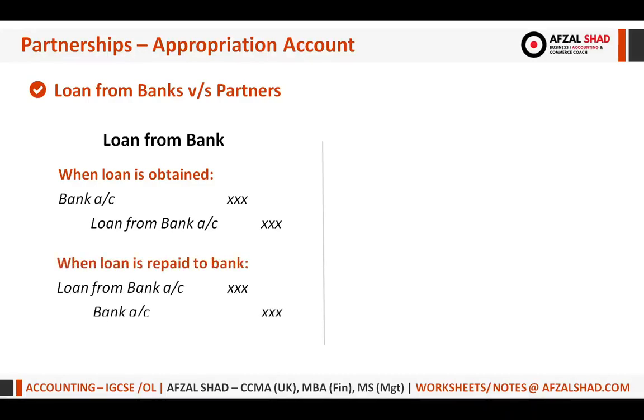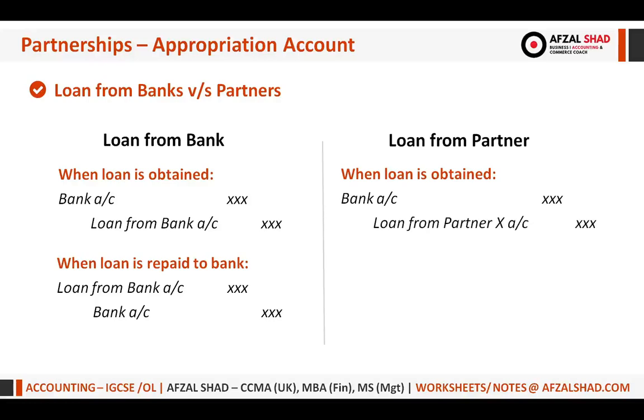And whenever you are paying back the loan, you simply reverse the entry: loan from the bank account debit, as the liability is decreasing, and bank account credit, as the asset is decreasing because you are paying back the amount to the bank. Now, what's the difference between the loan from the bank and the loan from the partner?